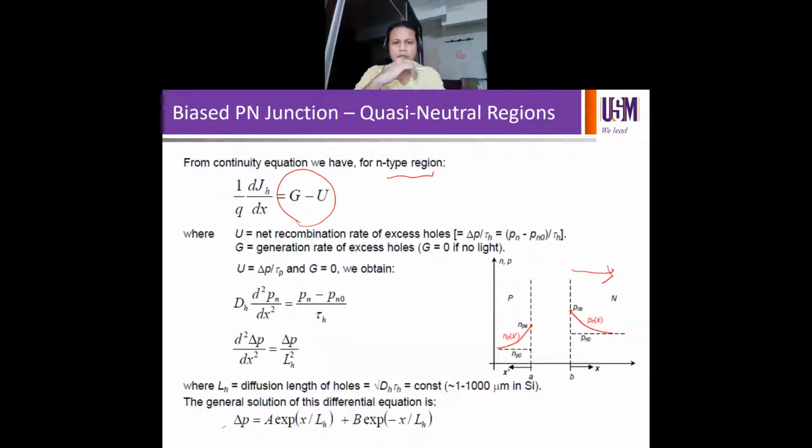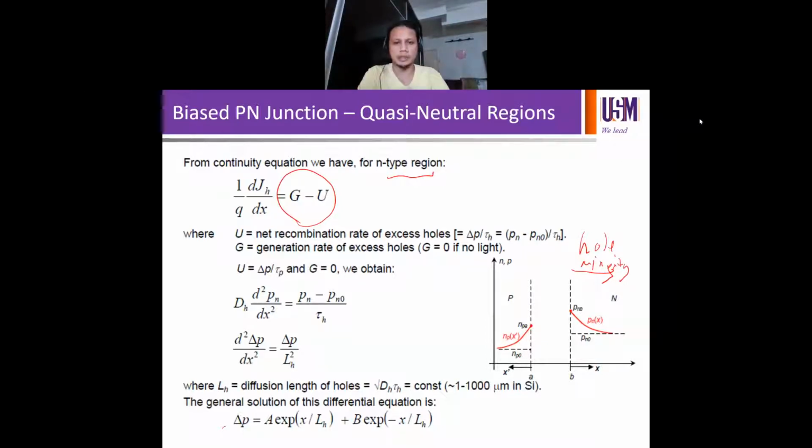In this case, hole is the minority carrier, right? Hole on the right hand side is the minority. And G is the generation rate of excess holes.